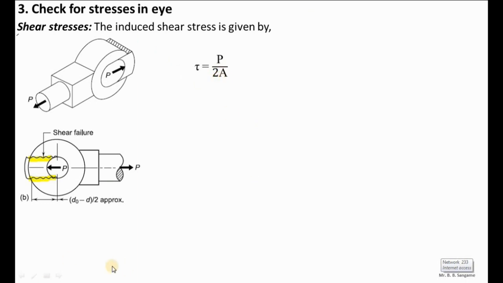So here I am going to calculate the approximate area. Here you can see that this is the approximate area, this is the wall thickness. This will be the outer radius minus the inner radius multiplied by the thickness of the eye, where the thickness of the eye is B. So the formula will be tau equals P divided by B into D0 minus d.